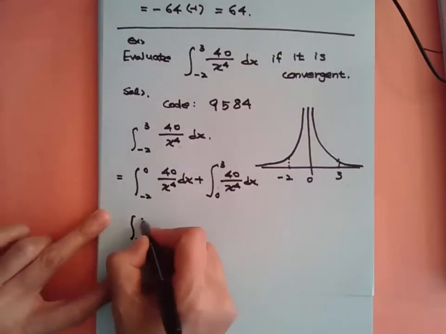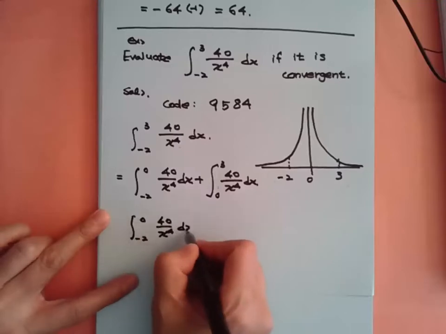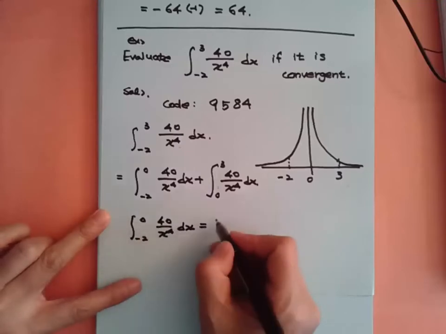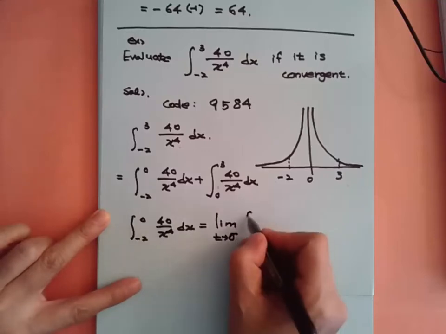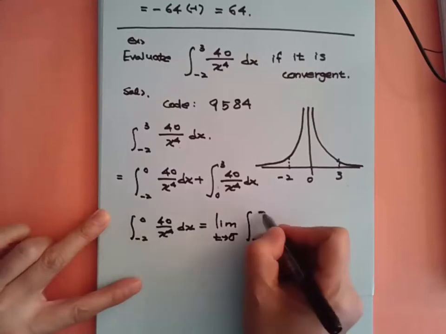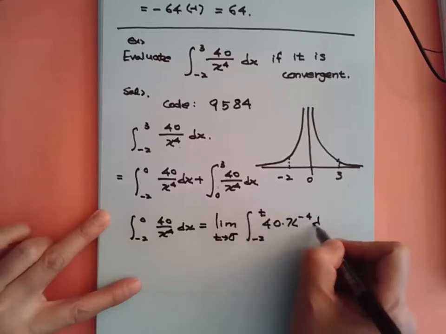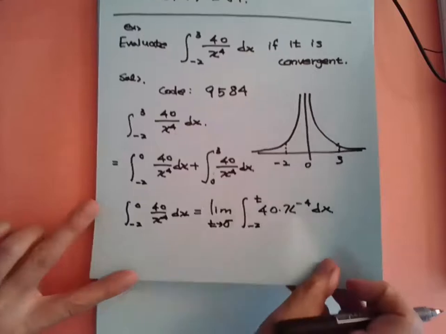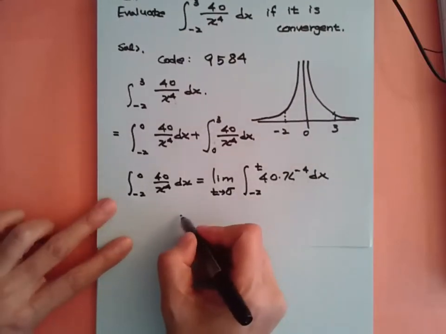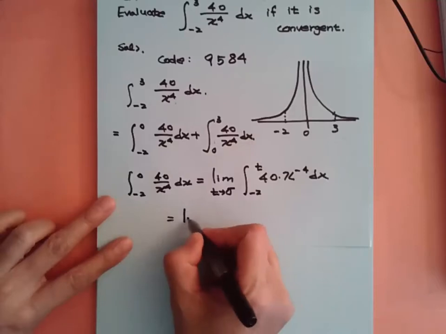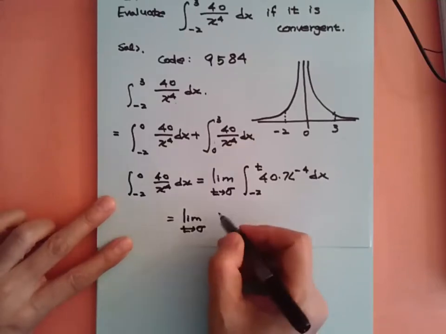Integral from -2 to 0 of 40 over x to the fourth power dx. So limit as t goes to 0 from the left of the integral from -2 to t of 40 times x to the -4 dx.